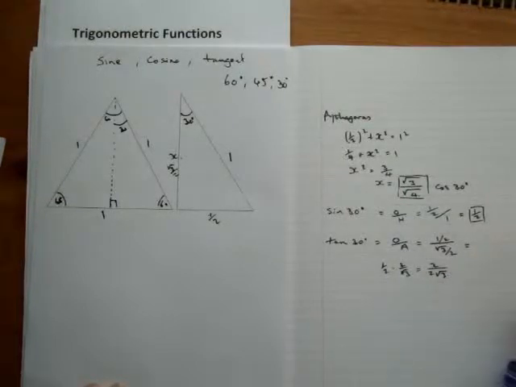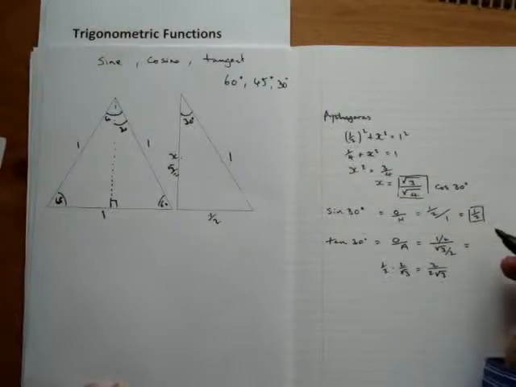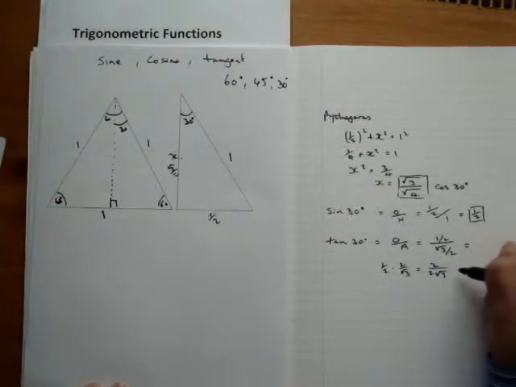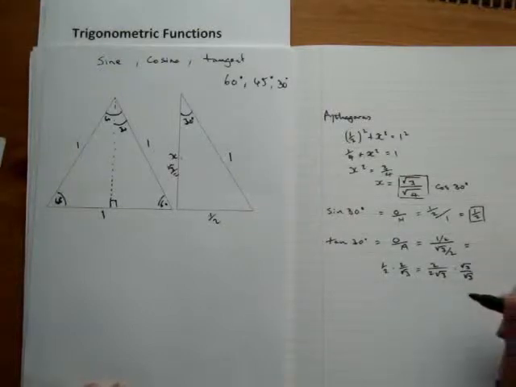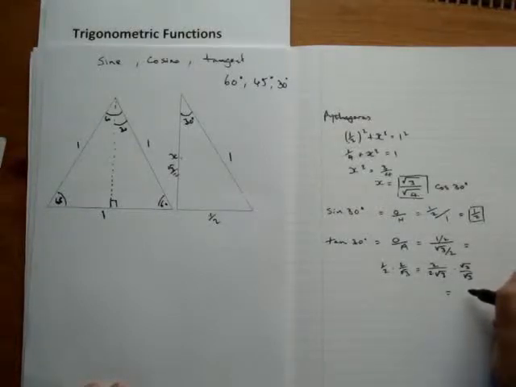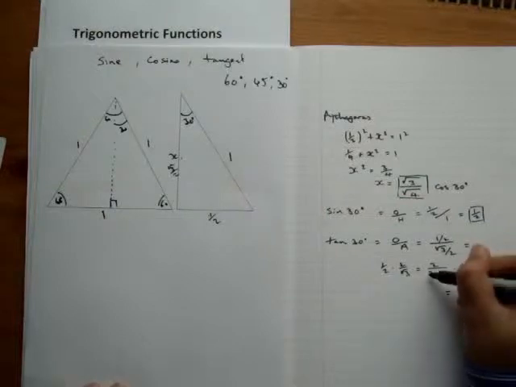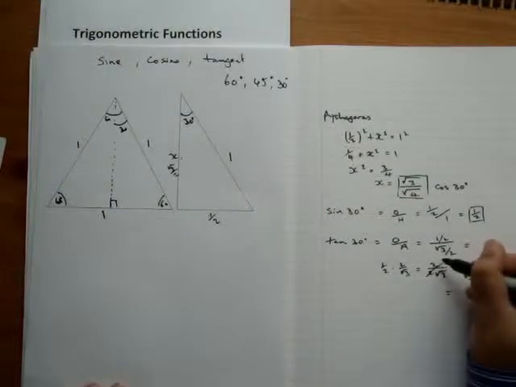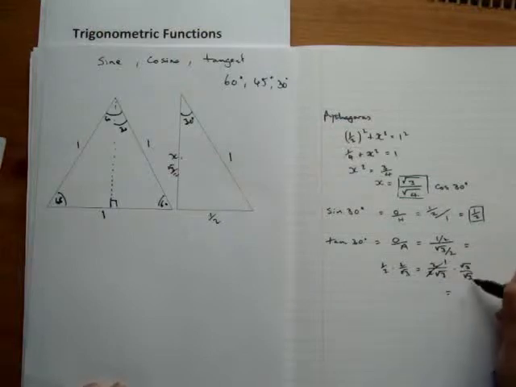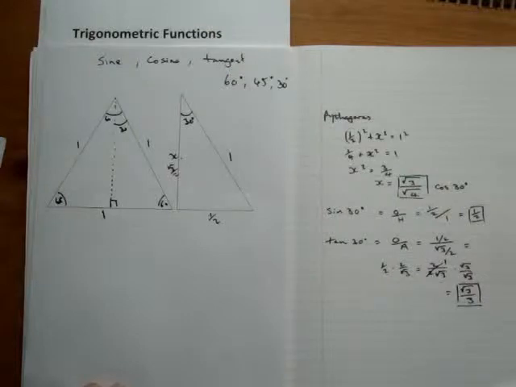Now to get rid of this square root of 3, we rationalise the denominator. So that's multiplied by square root of 3 over square root of 3. We can take out those and we're left with 1 square root of 3. Rationalise the denominator now, and we're left with square root of 3 over 3. And that is the tan of 30 degrees.